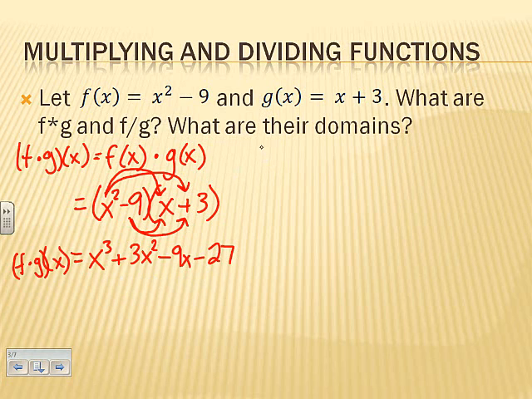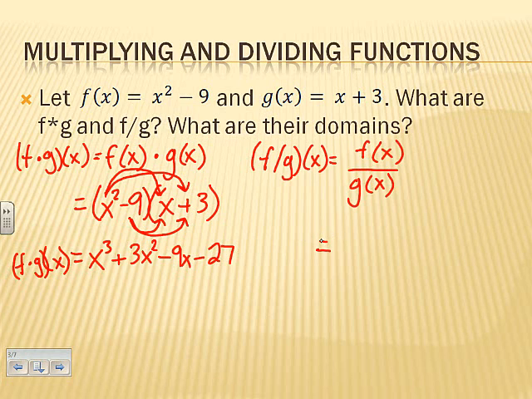So then let's look at f divided by g of x. So we're going to do the f of x function over the g of x function. This takes us back to topics of chapter 8, where we have to make sure that if we can factor and simplify that we do so.